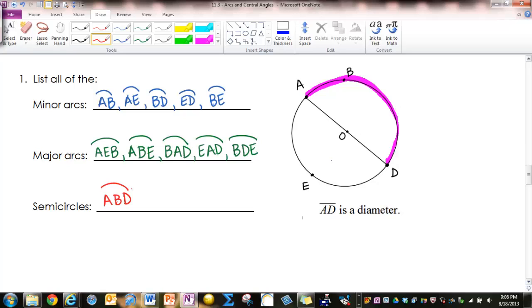And if I want to go the other way around from A to D, I go this way, and that yellow semicircle is arc AED. Now as you can see, by switching just that center letter, it tells us we go around the semicircle one way or we go around the other semicircle.